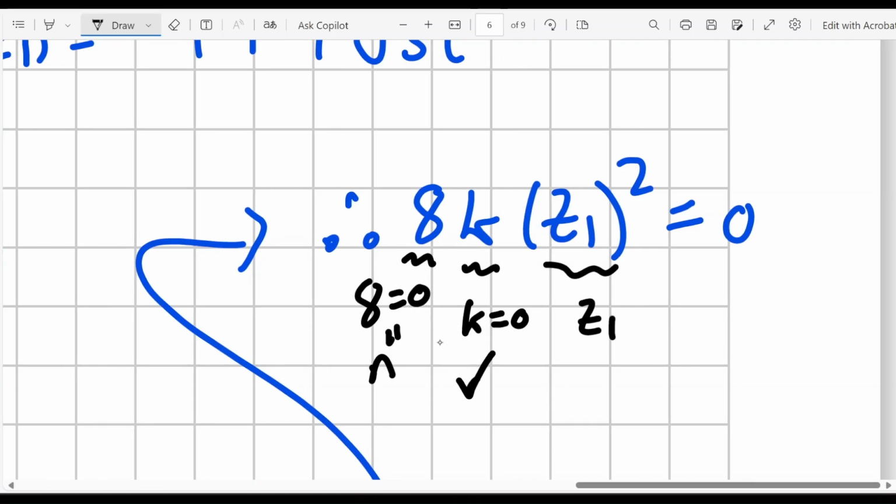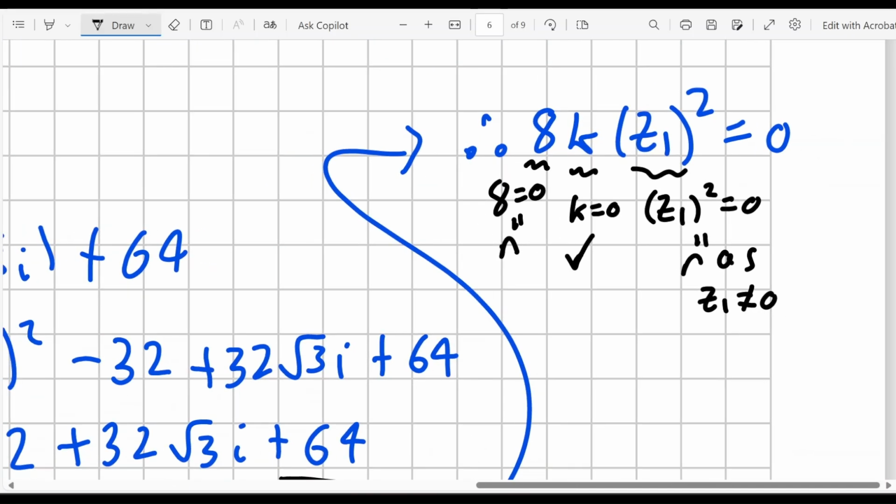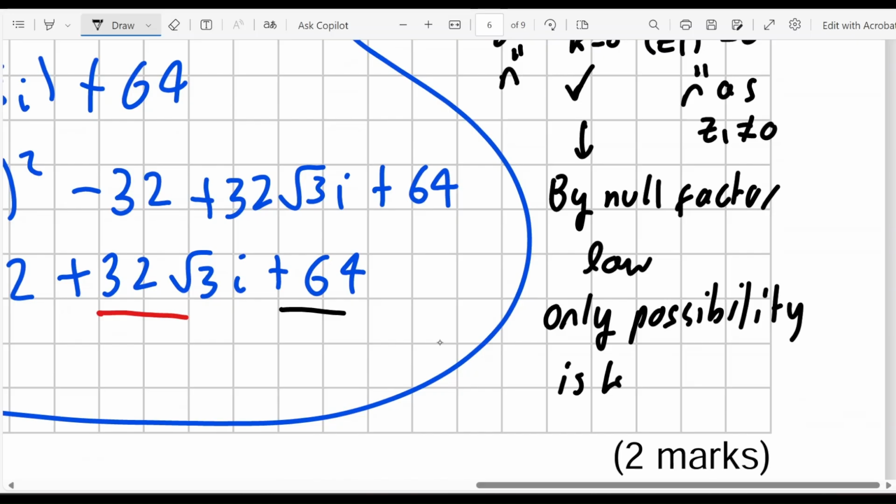Or z1 squared equals 0, which doesn't work as z1 does not equal 0. It's like 2 cis of 2 pi over 9 or whatever it was. So by null factor law, the only possibility is k equals 0. Wonderful.